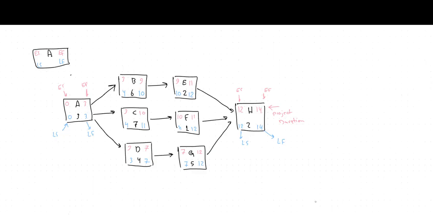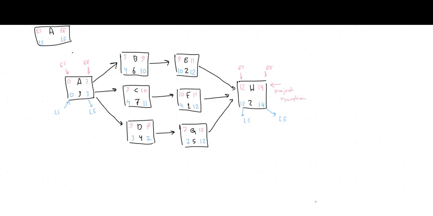The next step in our work is to calculate the total float. What is the total float? Total float equals the late start for the same activity minus the early start, or late finish minus early finish.